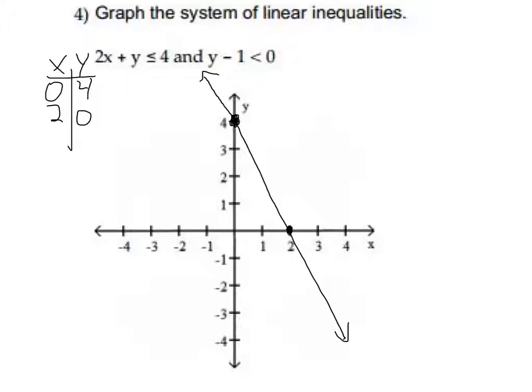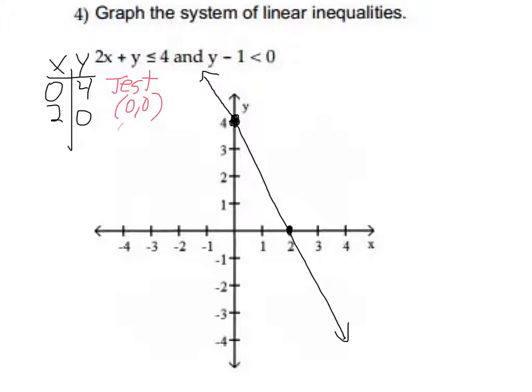Side note. Back to the problem at hand, we need to now figure out which side of this equation is shaded. Is it the upper side or the right side, or is it the lower side or the left side? There's lots of ways, but the safest way is to test. I'm going to test 0, 0. When I plug this 0 in for x and 0 in for y, it will give me a statement.